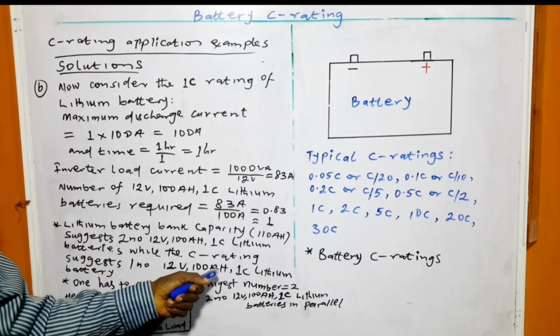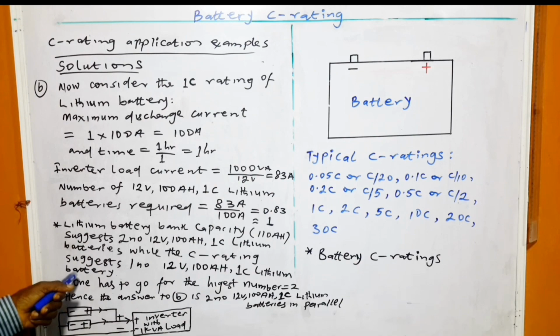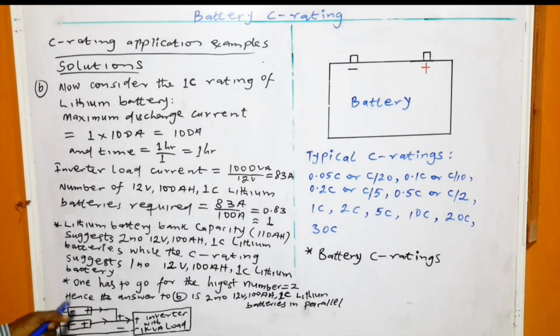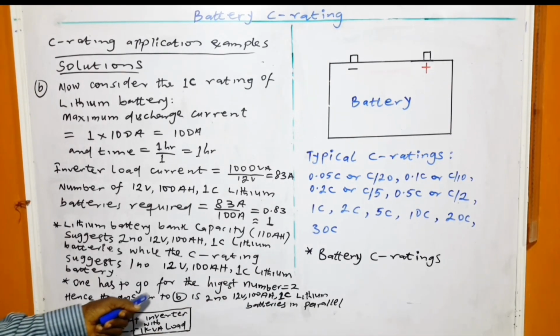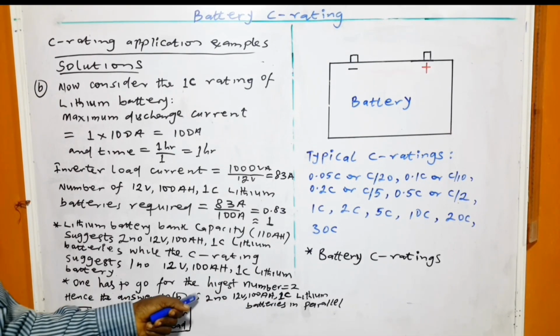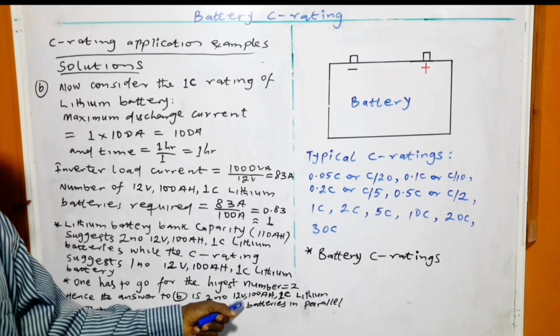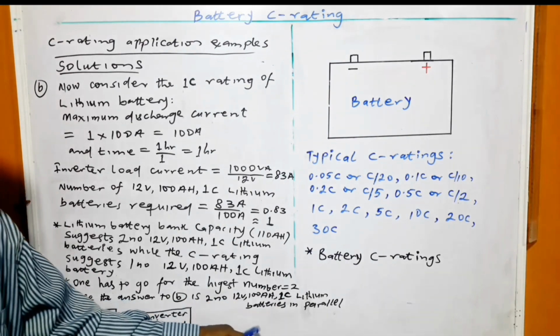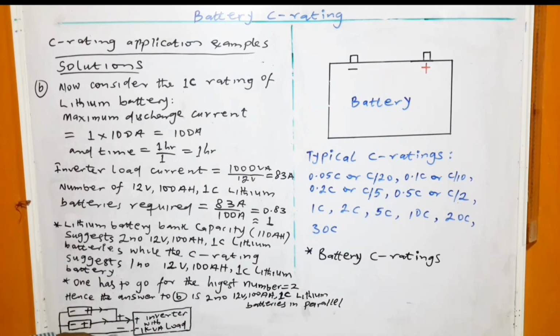One has to go for the higher number, which is equal to 2. Hence the answer to B is 2 number 12 volt 100 ampere hour 1 C lithium batteries in parallel, as shown diagrammatically here.